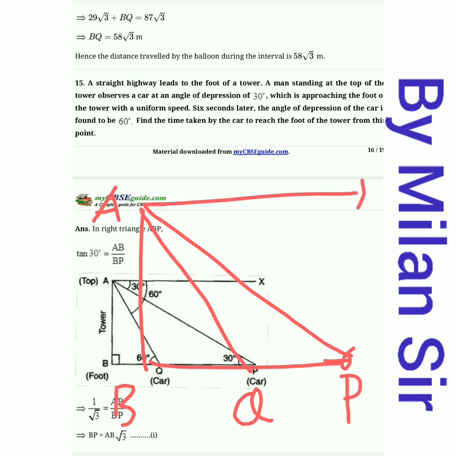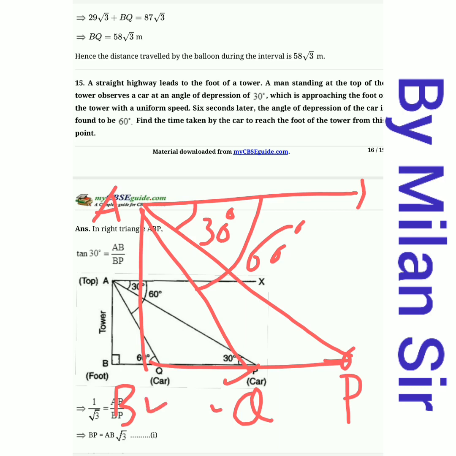Initial point is P, so this angle is 30 degrees. Then 6 seconds later, the car reached point Q. Again, the angle of depression at this time is 60 degrees. We need to find the time taken by the car to reach the foot of the tower, that means point B, from point Q.